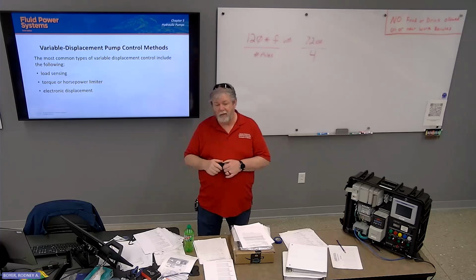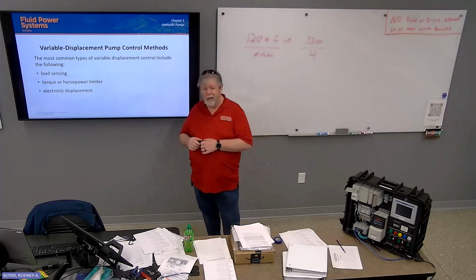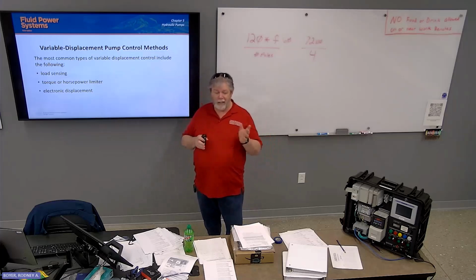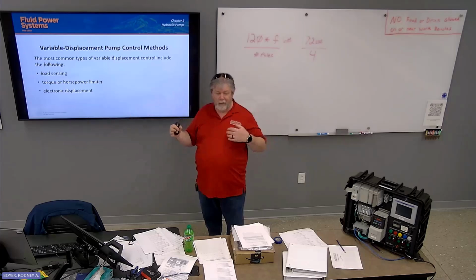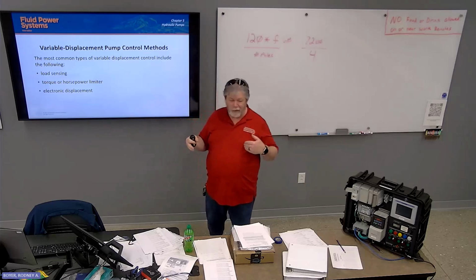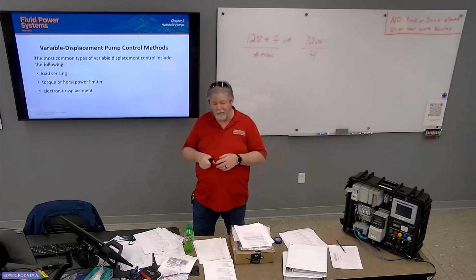My pressure goes down. That's how the pump knows, based on the load that it sees, hey, I'm supposed to be running at this pressure and something is moving, there's fluid escaping from where I'm supposed to be applying pressure to, so I need to increase the pressure to compensate for it.